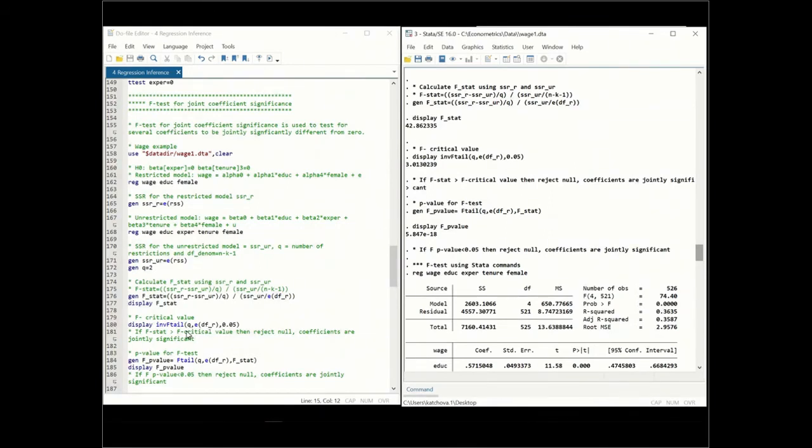The F critical value we are going to find again using the inverse F tail, with q degrees of freedom in the numerator and n minus k minus 1 degrees in the denominator, and 0.05 probability in the upper tail. If we compare the F statistic to the F critical value, we see that the F statistic is larger, therefore we reject the null and the coefficients are jointly significant.